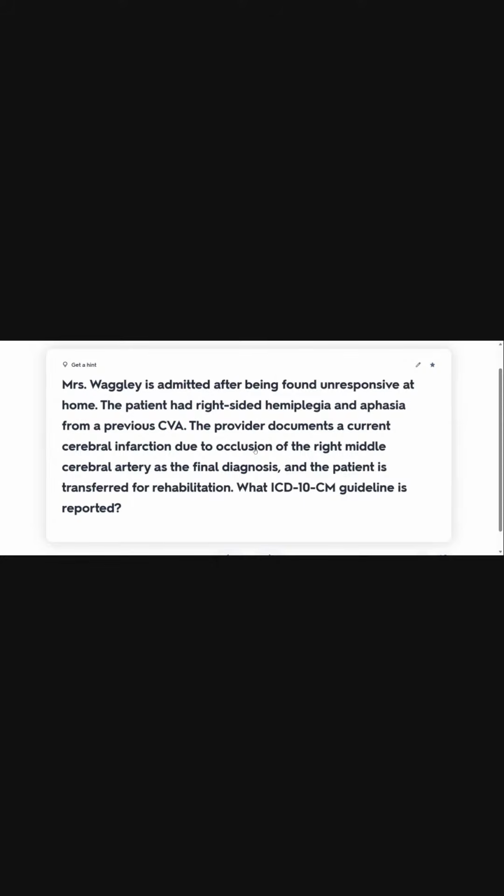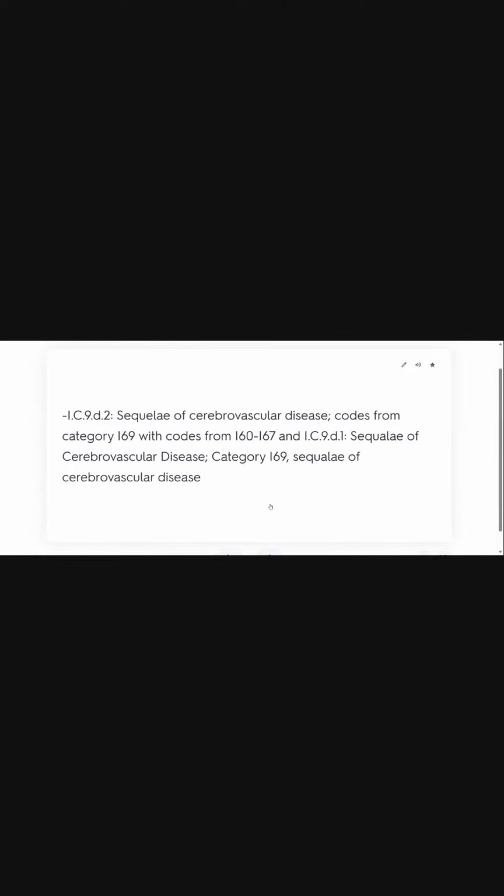But yes, the guideline that we're going to be picking, there's two guidelines we can use, I.C.9.d.2 and I.C.9.d.1. So the sequela of the cerebral disease, codes from category I69 with codes from category I60 through I67. And the sequela of cerebrovascular disease, category I69.